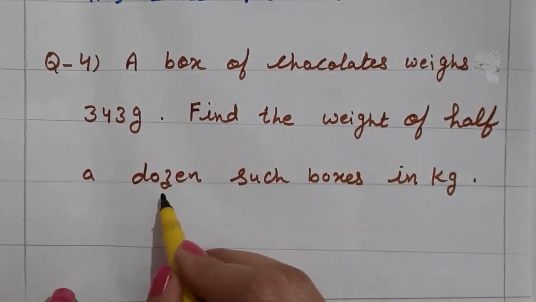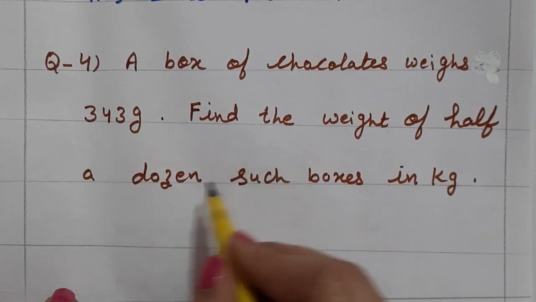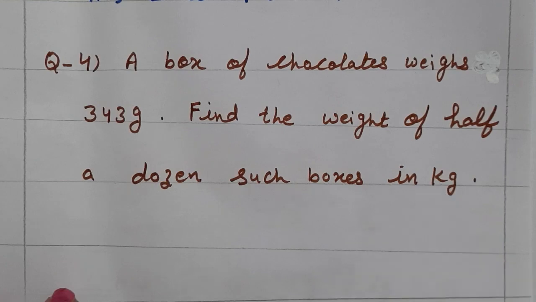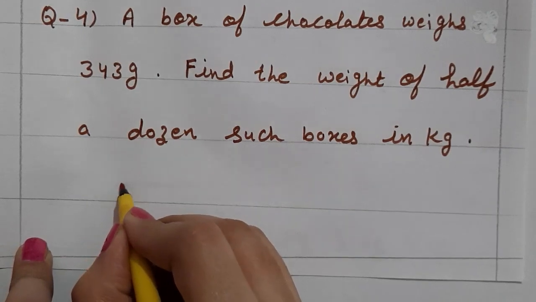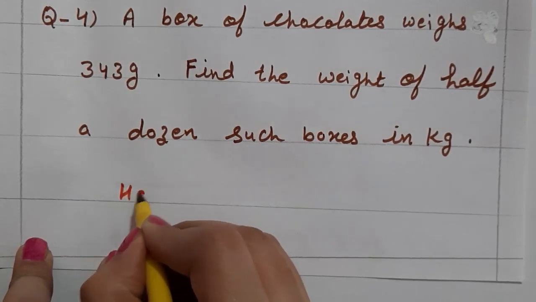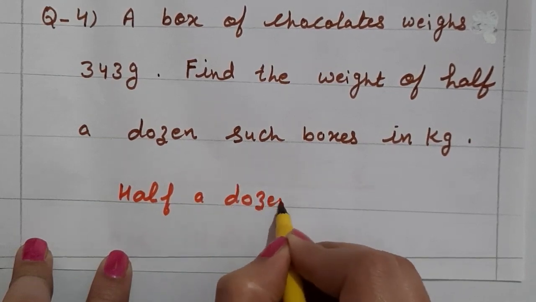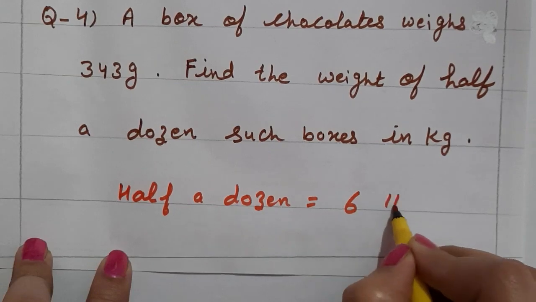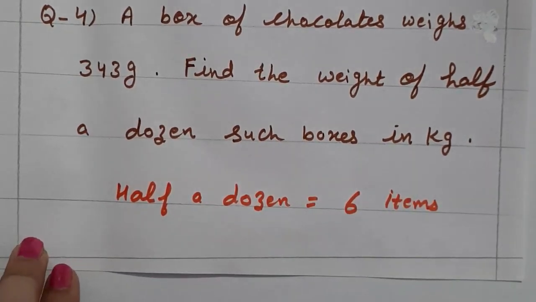Dozen contains 12 items. Half dozen, 6. We have to find out the weight of the 6 boxes, but the condition is there in kilogram. As you all know that 1 dozen means 12 items, so you will write down half a dozen means 6 things or 6 items. First of all, you have to tell.